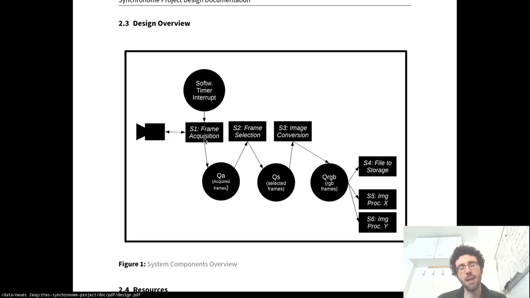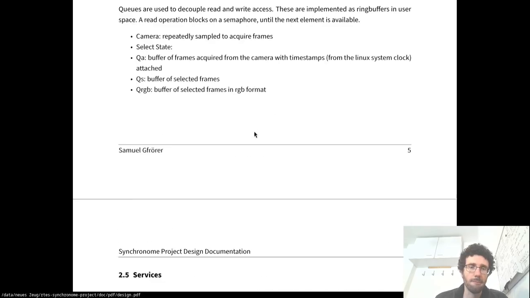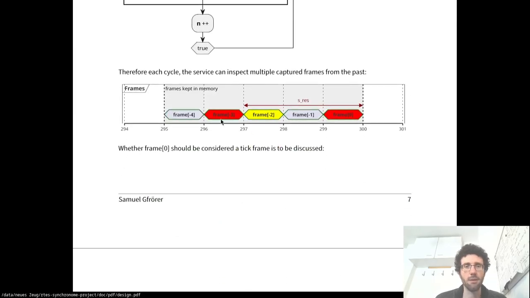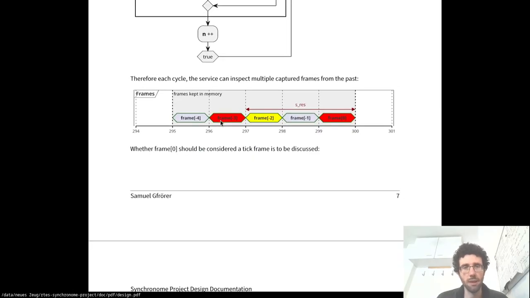And if that's the case, that means when we have the right reference point, the frame selection could work by simply assuming that every 3rd frame is a tick frame, and that's what's shown here.